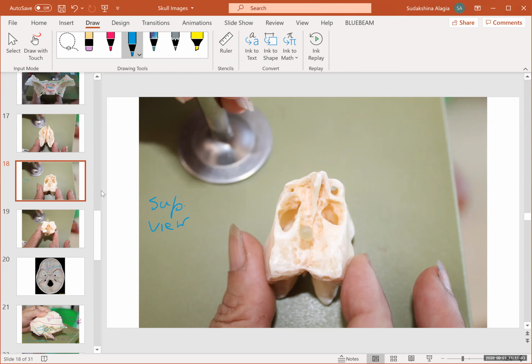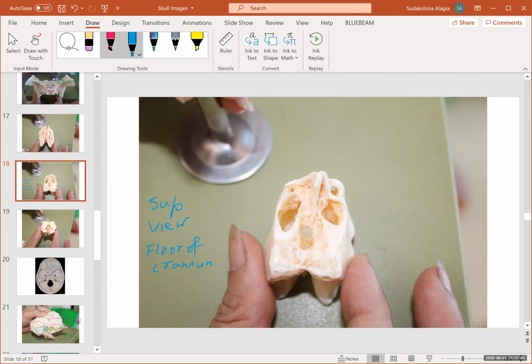Ethmoid, we are going to look at from the superior view, the inferior view, and the posterior view. From the superior view, this is the floor of the cranium, to give you that reference. This is what will be visible on the floor of the cranium.